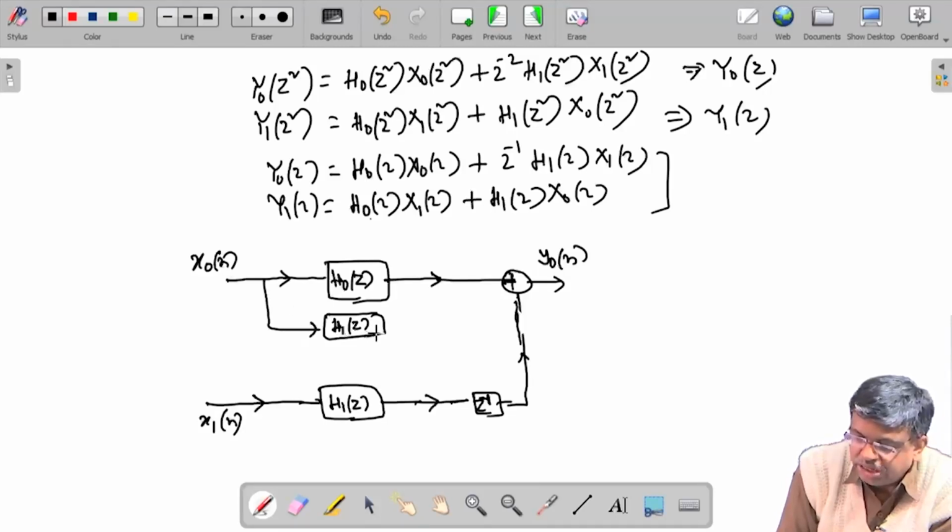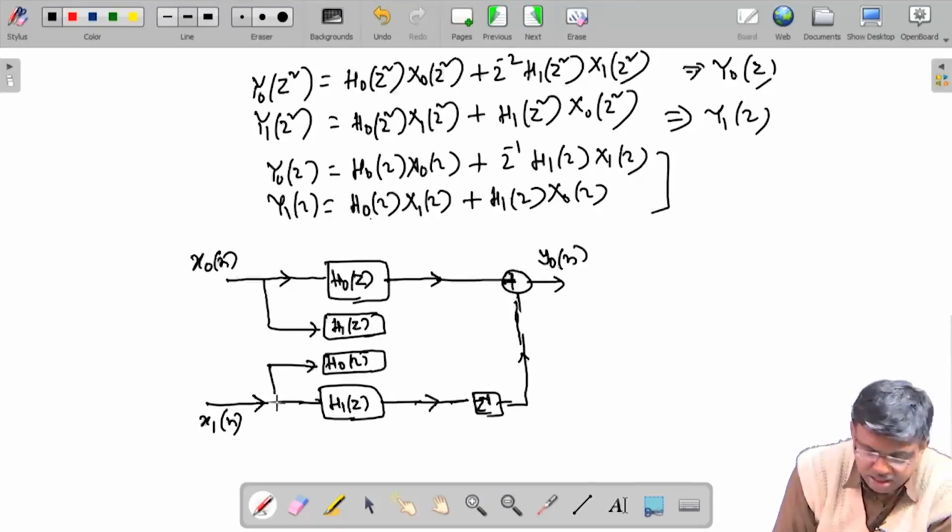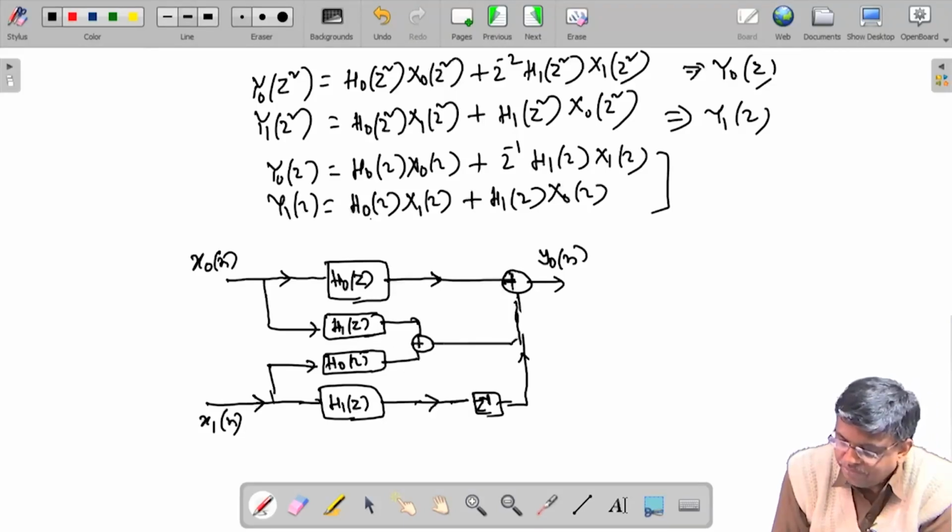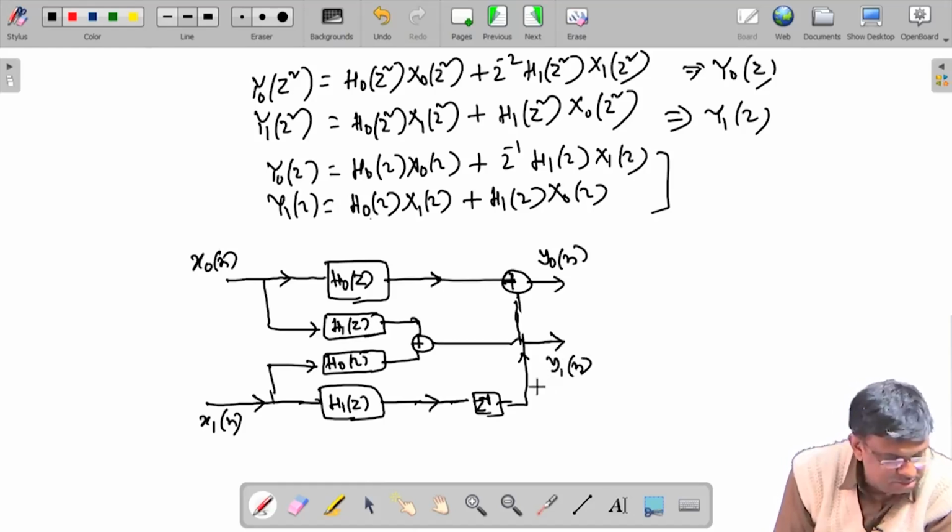So x0 z h1 z, okay, x0 h1 and x1 h0. So there will be h0 once again. These two will have to be added. This is y1 n.